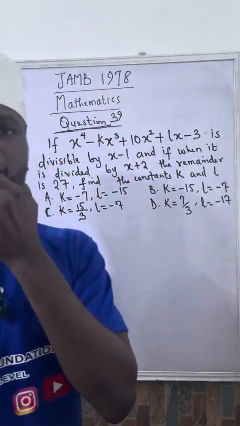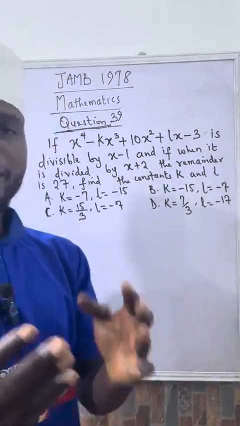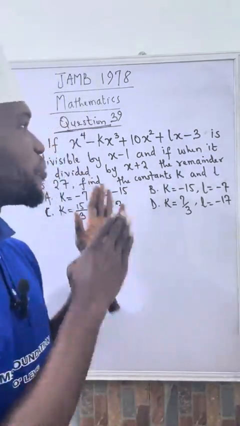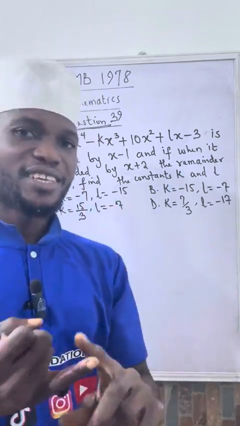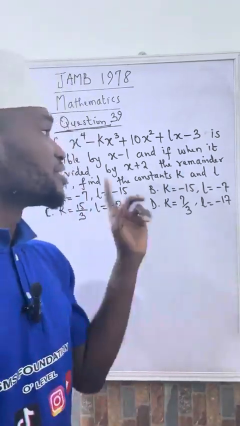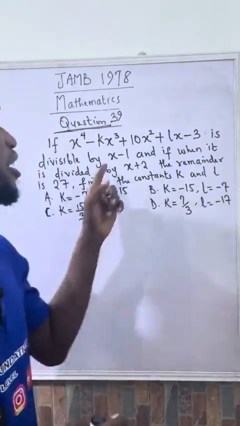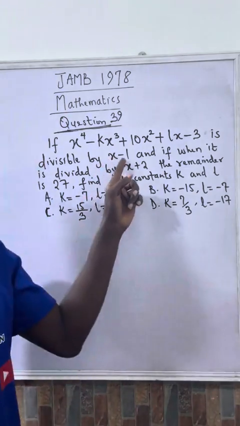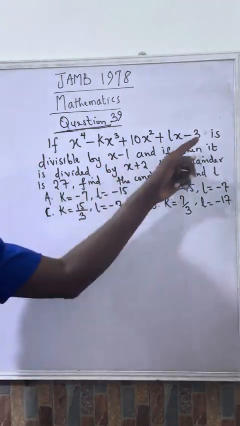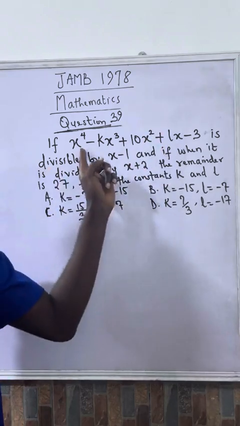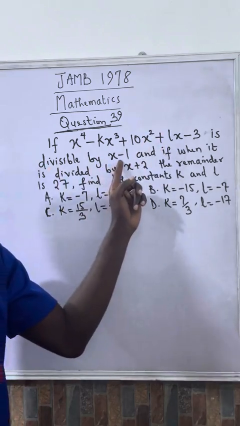So this is a question on polynomial, and we really need two theorems here to help us solve this question. First is the factor theorem, and second is the remainder theorem. Factor theorem can be applied here, because they said this polynomial is divisible by x minus 1.